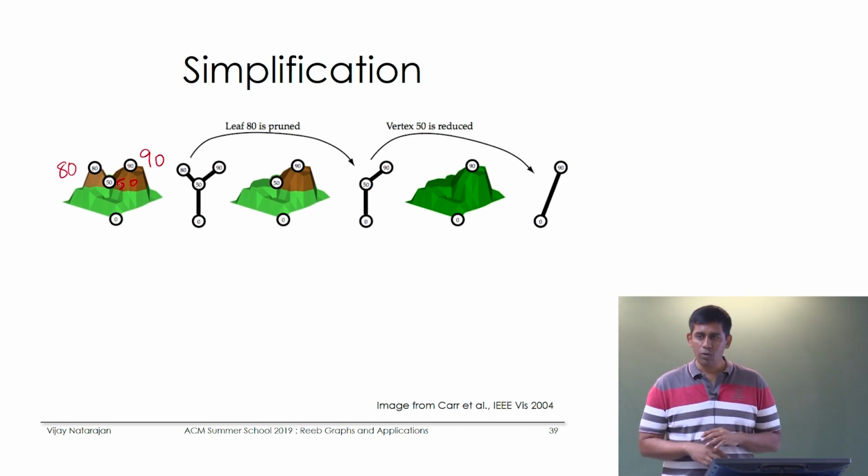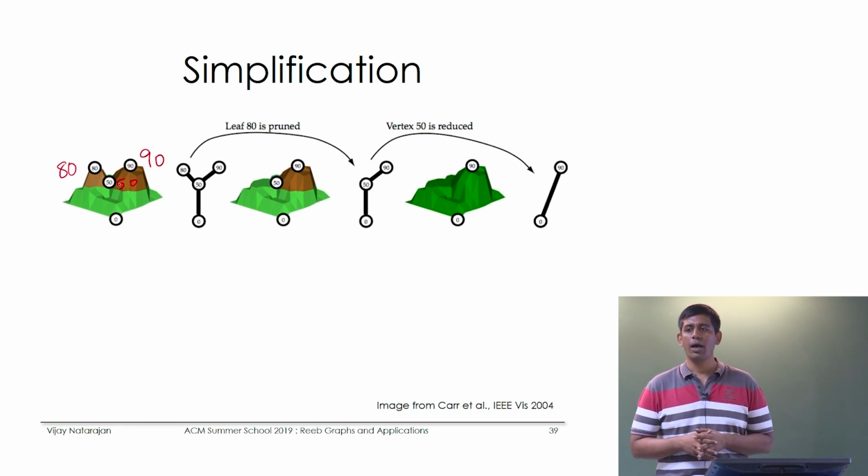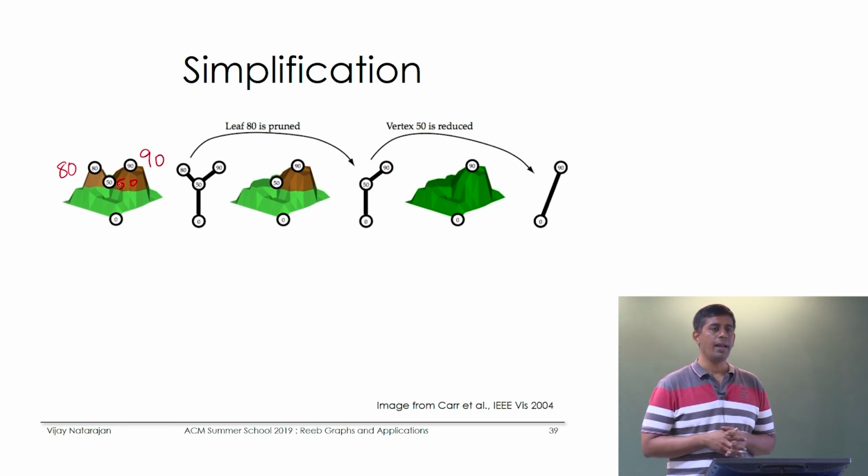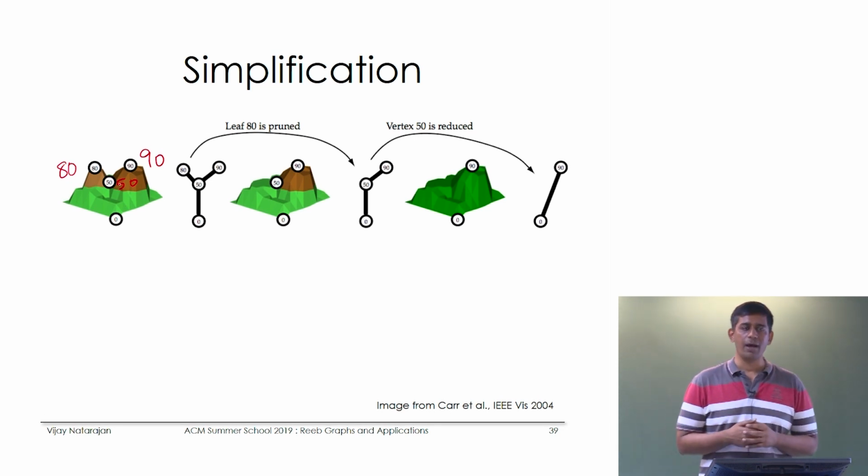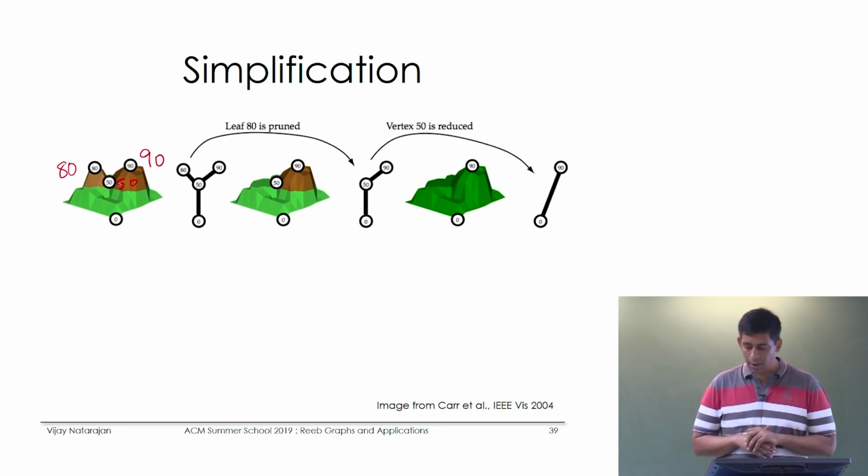Of course, if you have just a tree, one way to simplify is to remove nodes or to remove arcs, which will reduce the number of arcs and nodes directly. But this pruning of the tree should make sense. We would like to do some simplification that is meaningful.